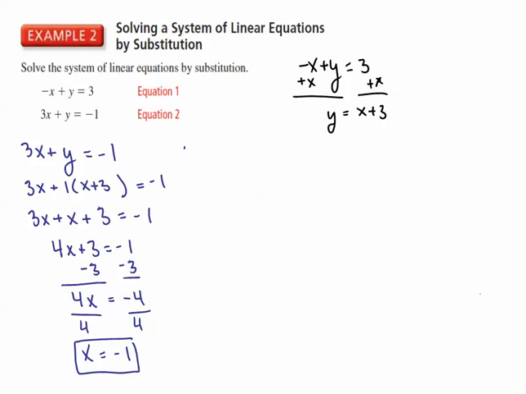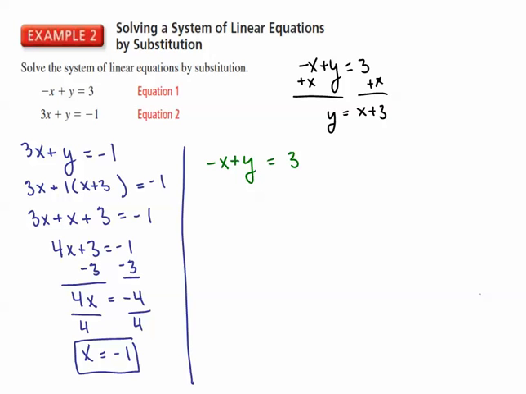Now, second step, I'm going to take either equation, it doesn't matter which one, and plug in x is equal to negative 1. I'll use the first one. There are some complications with that. Negative x plus y equals 3.